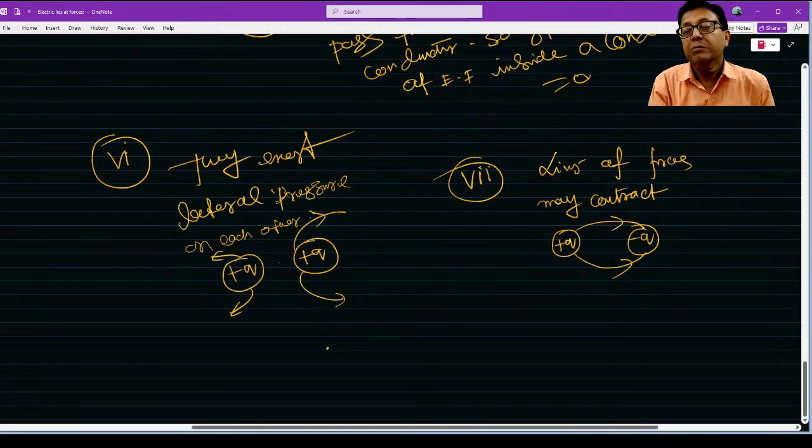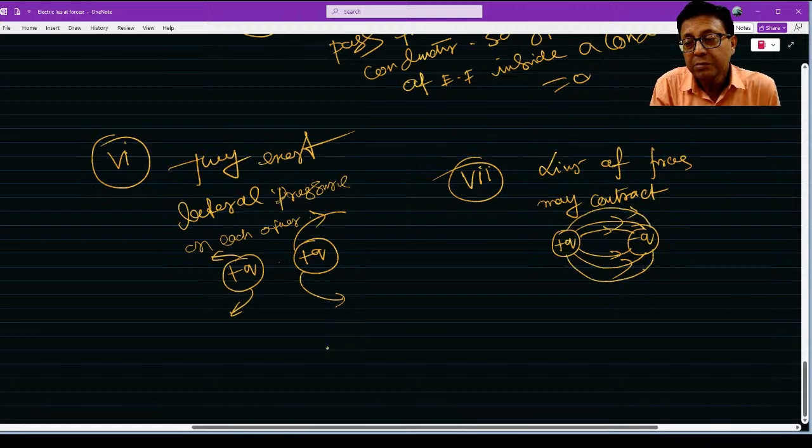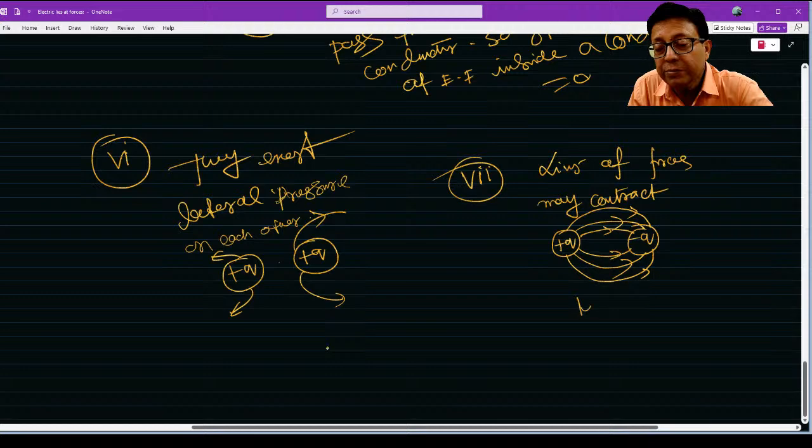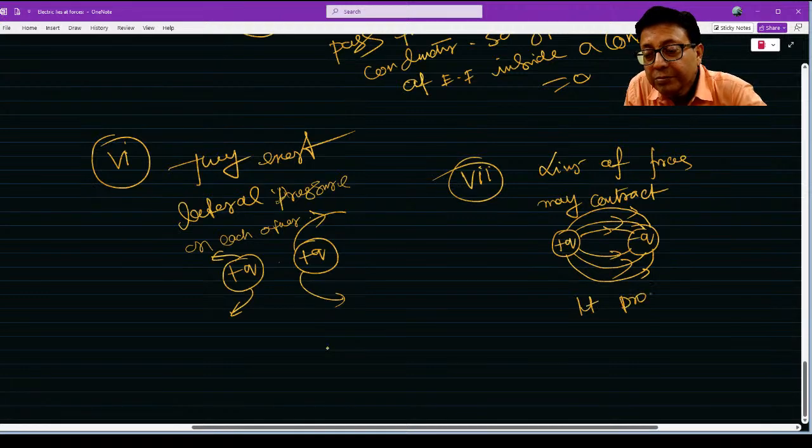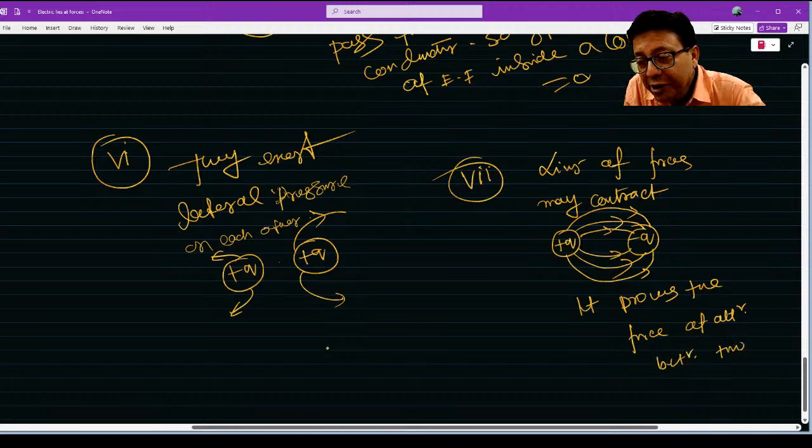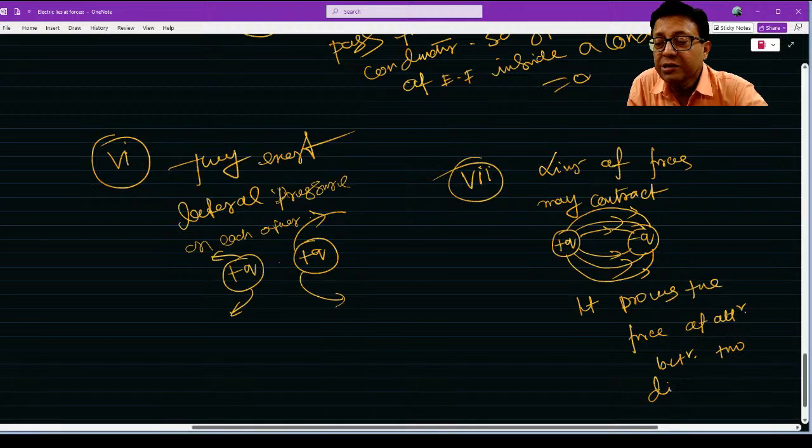But here, it seems that due to their attraction, the length of the line of force is getting decreased. Lines of forces may contract. It proves the force of attraction between two dissimilar charges.